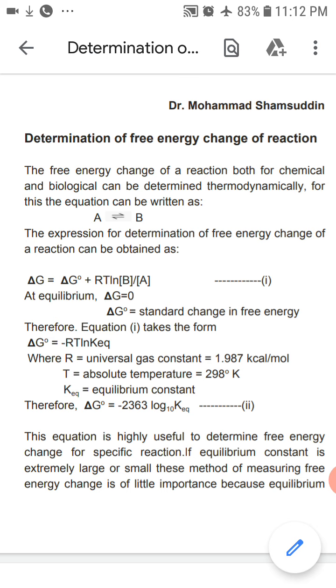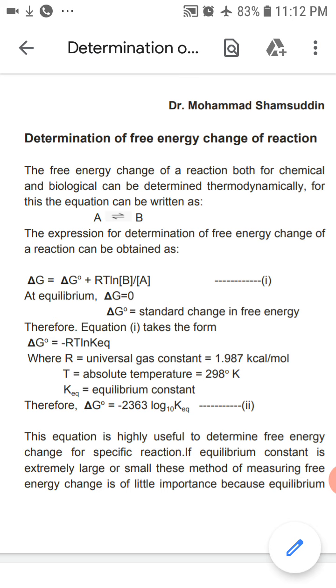If Gibbs free energy change of a reaction is negative, the reaction will go in forward direction, and if delta G is equal to 0, that is Gibbs free energy is equal to 0, the reaction will be in equilibrium.